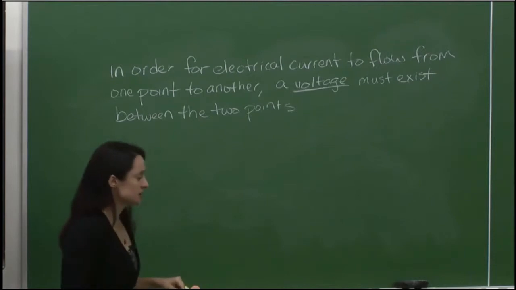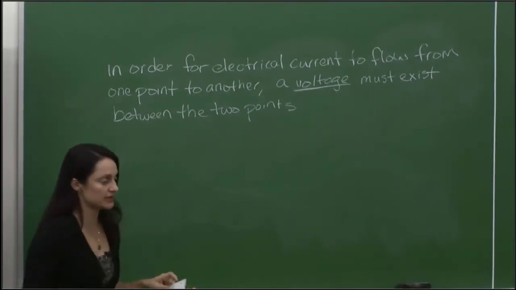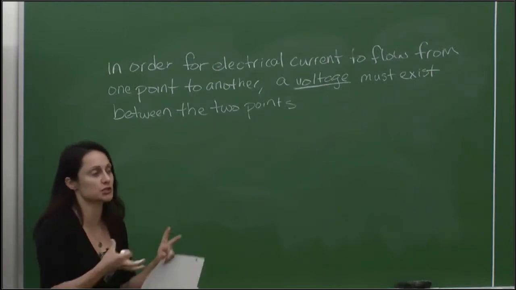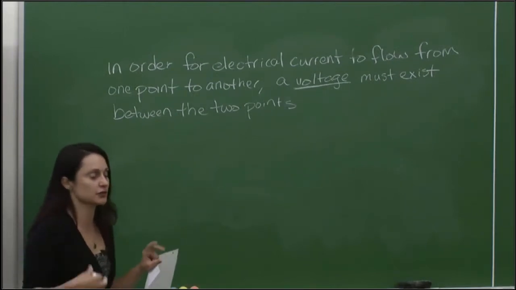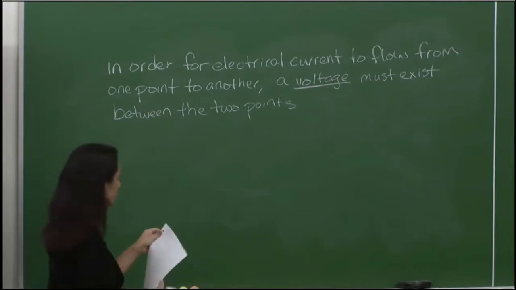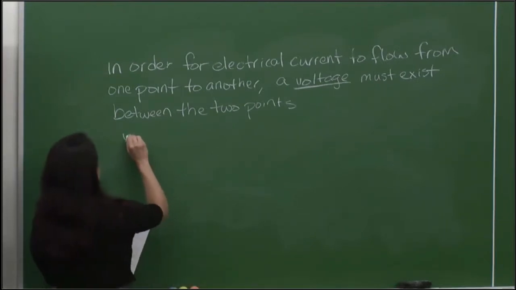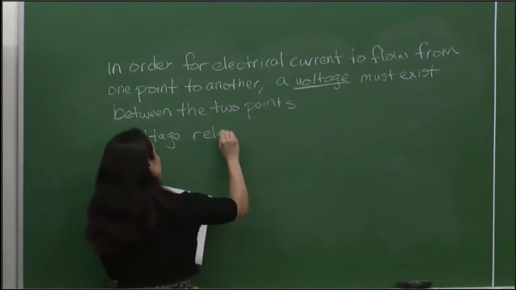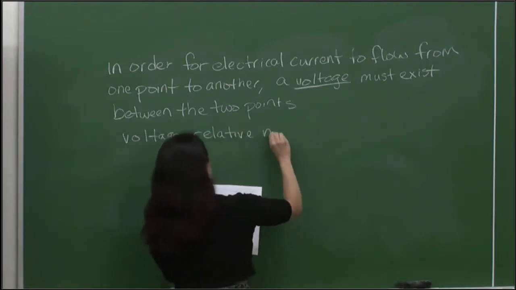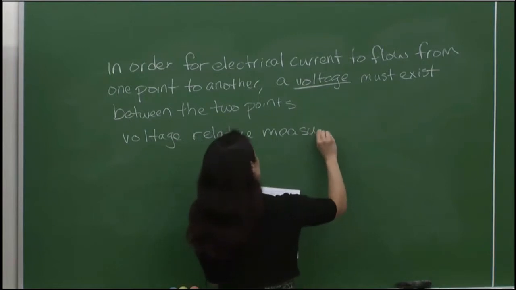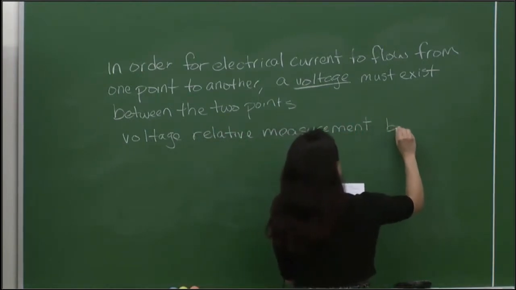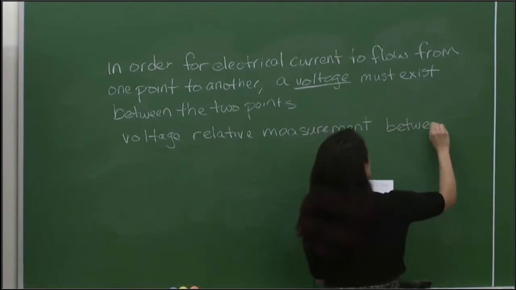So voltage is always a relative measurement, either between 2 points or across an element, like what's the voltage drop across, we'll talk about these, this resistor or this capacitor. So voltage is a relative measurement, either between points or across an element.